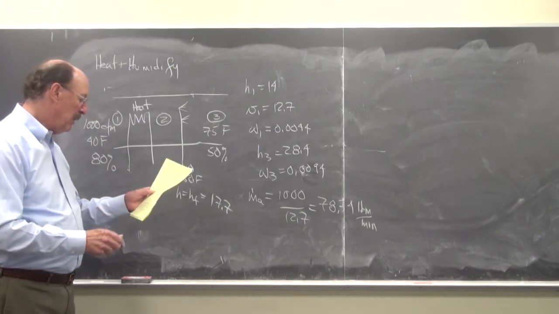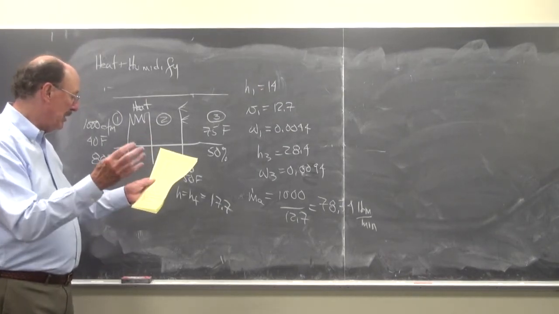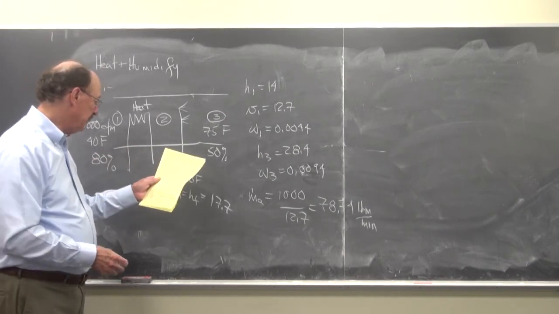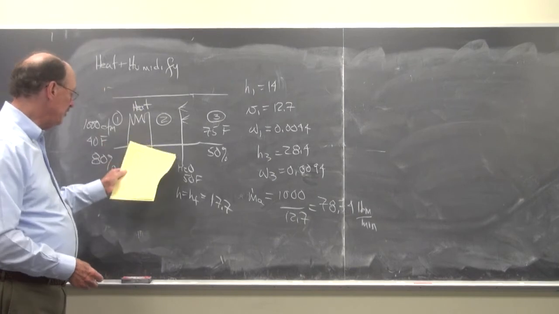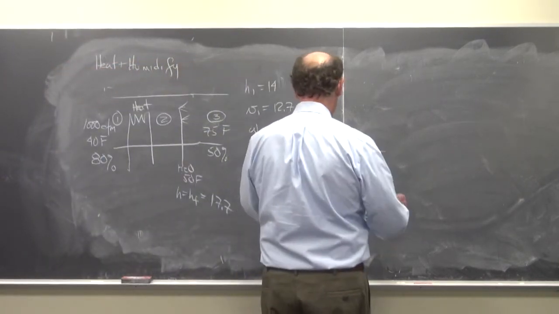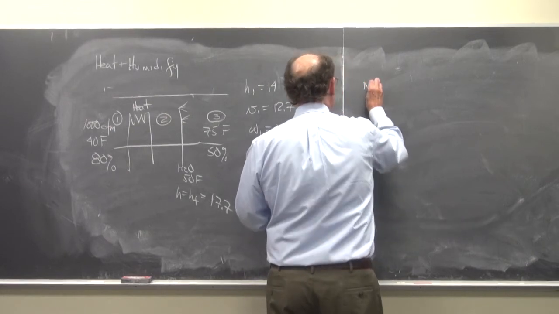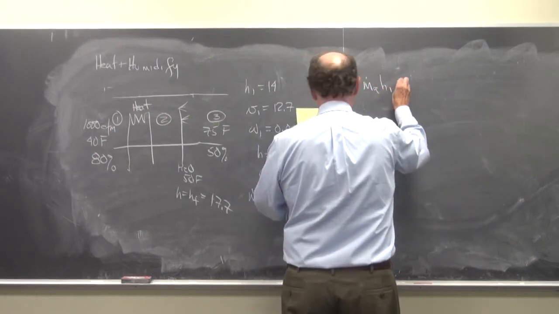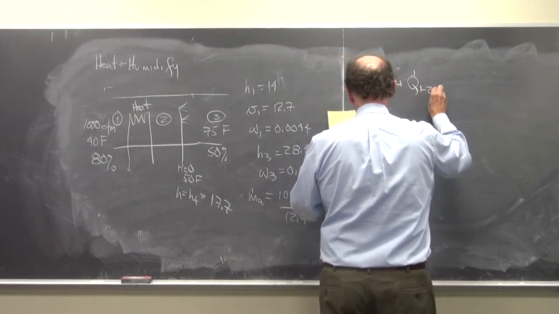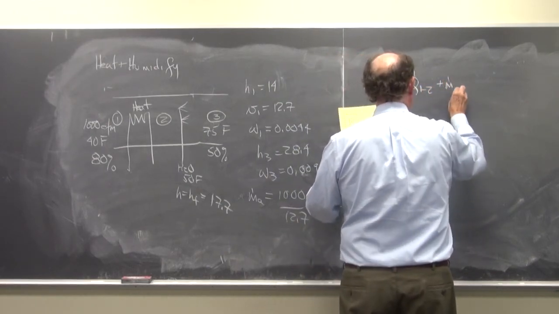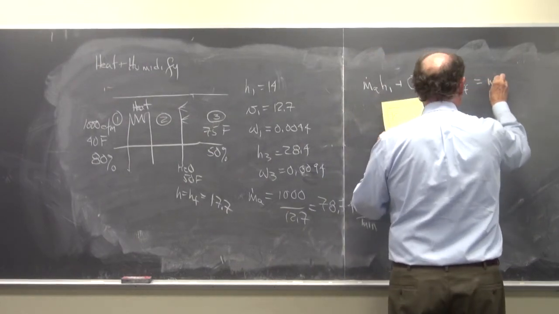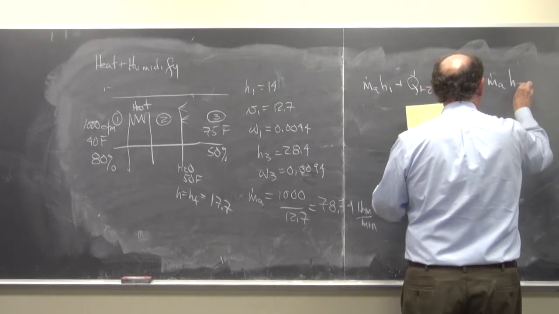And now what we want to do is a first law analysis on this whole system to find out what heating is required. So we have m dot A H1 plus Q dot 1 to 2 plus m dot F HF is equal to m dot A H3.